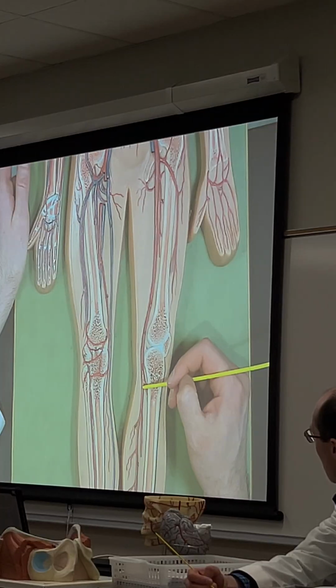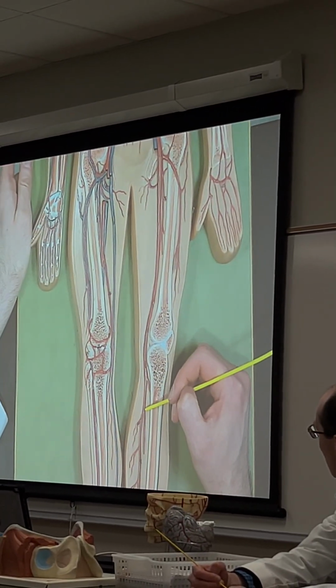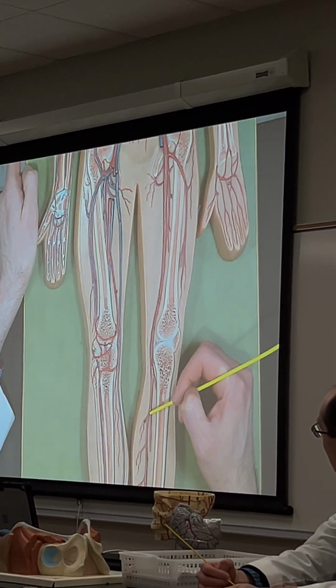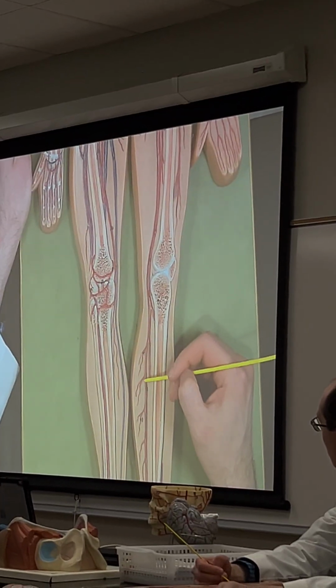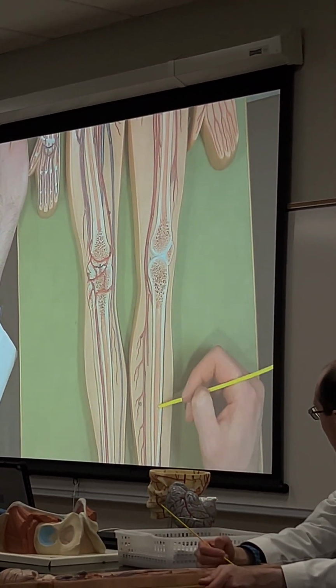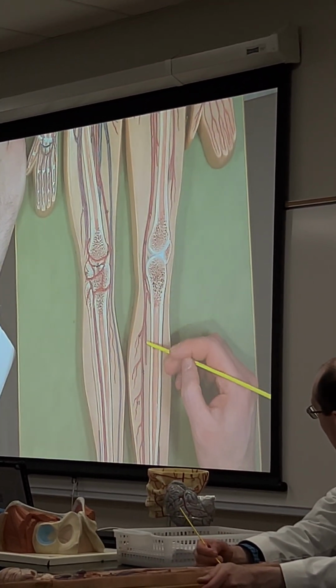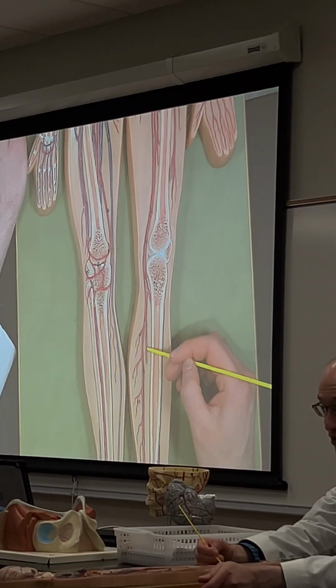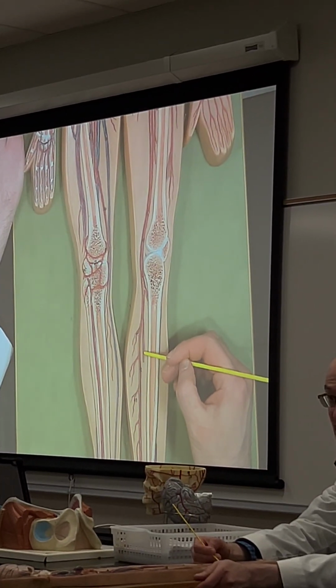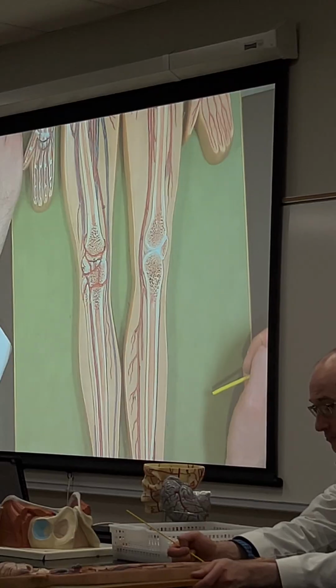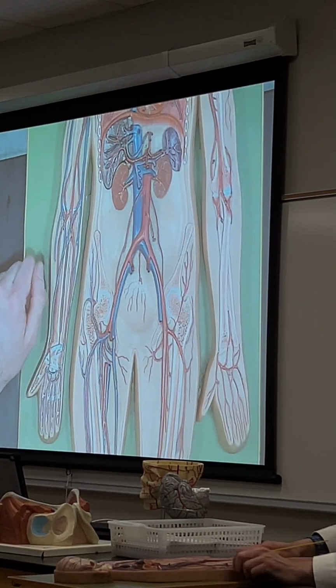So it continues as popliteal, popliteal, popliteal. Stop. And then here's the next branch point where it turns into the posterior tibial artery, which travels alongside the back of the tibia, and then the fibular artery, which will go off to travel alongside your fibula, which is not shown here. Now let's do the veins.